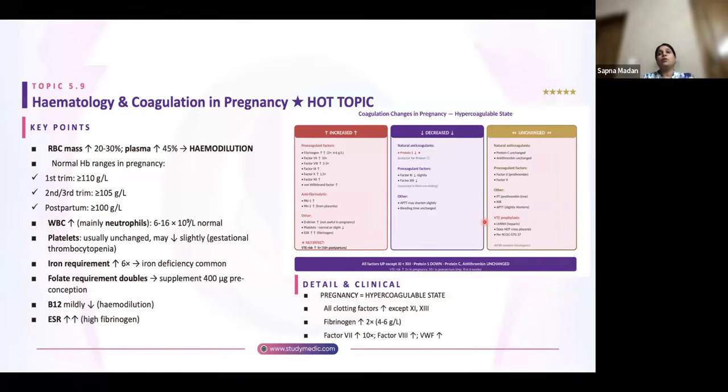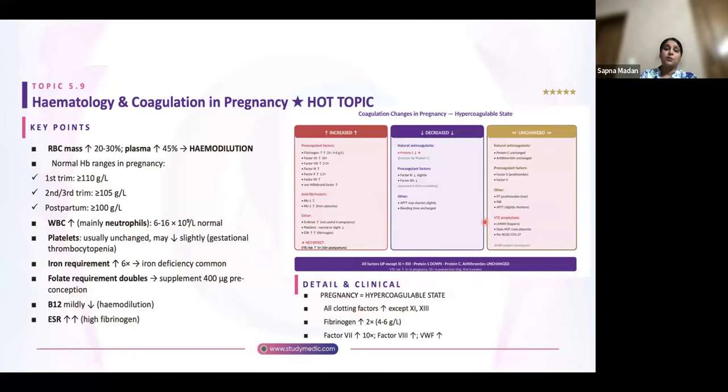So in all, because of the increase in procoagulant factors, the net effect is that pregnancy is a hypercoagulable state and there is an increase in risk of VTE. Okay, so the VTE risk is 5 times more than the normal population, and postpartum it is around 10 to 20 times more.